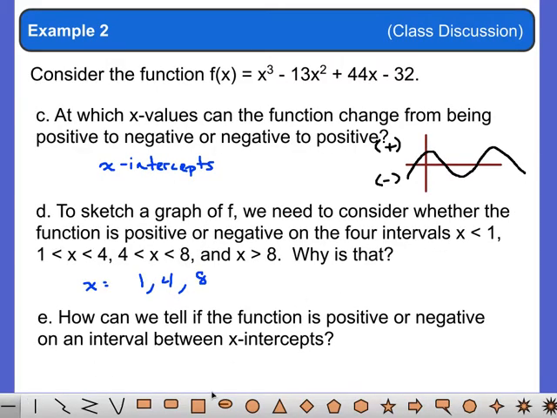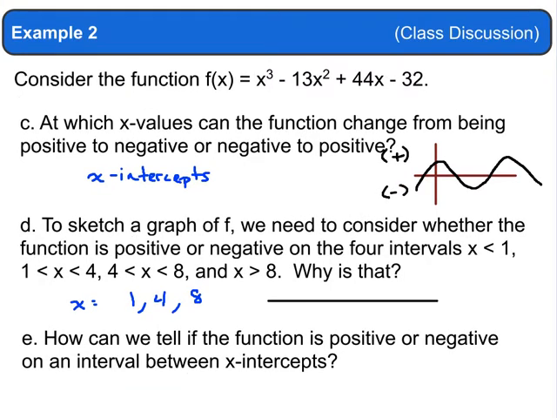So if I thought about this on a number line, let's say we draw a number line just to illustrate this point. If I had my x equals 1 here, if I had 4 here, so let's say 1, 4, and 8. There are different regions. For x is less than 1, that's all of this space right here.